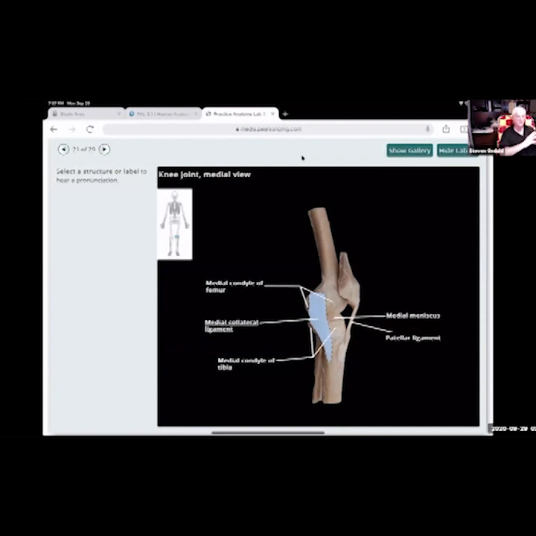And you're looking straight at the side of the knee now, the medial side. And you get your medial condyle of the tibia. Patellar ligament. This is the patella bone right here. And this is your patellar ligament that holds it together. And then you can see the medial meniscus, that thick pad between the articulation of the two bones.